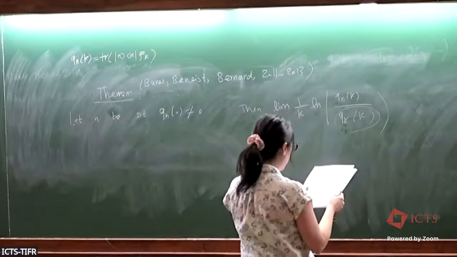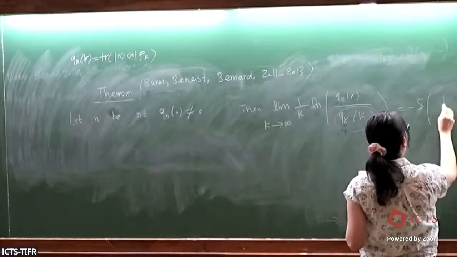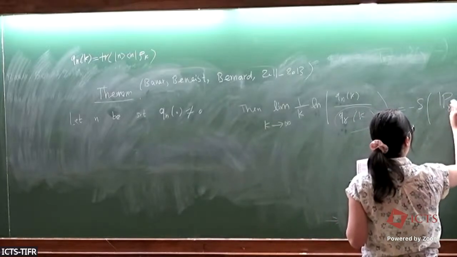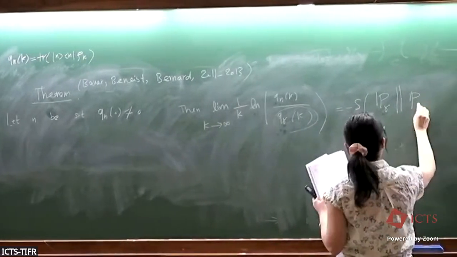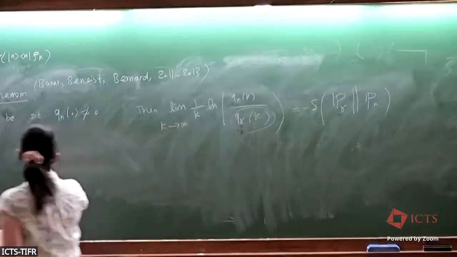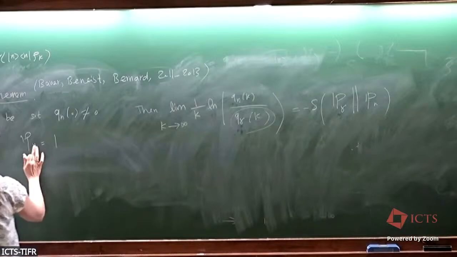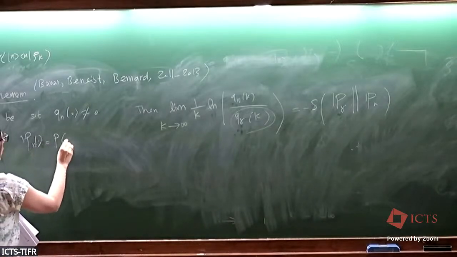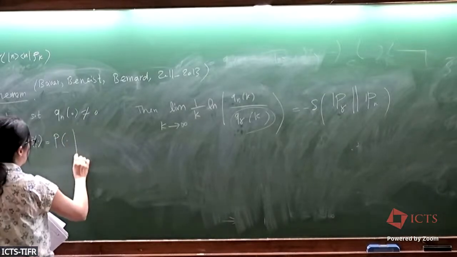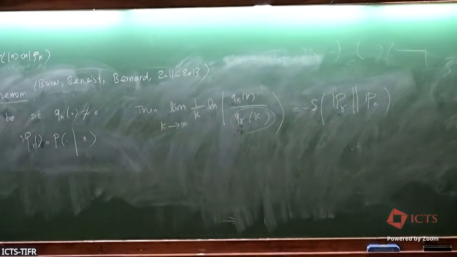So then they show that this is given by the relative entropy between the probability generated by gamma, I will say what this is, and the probability of n. In fact, the probability of n is the probability to have mu knowing the state n, right? So it's a conditional probability. So in fact, they show that this is given by this relative entropy.